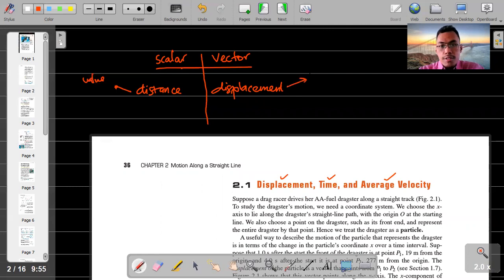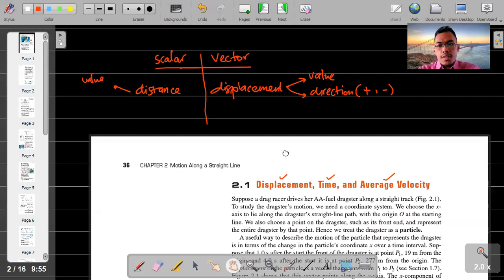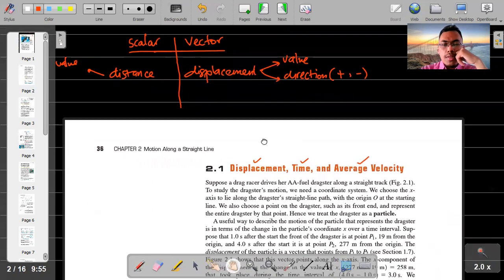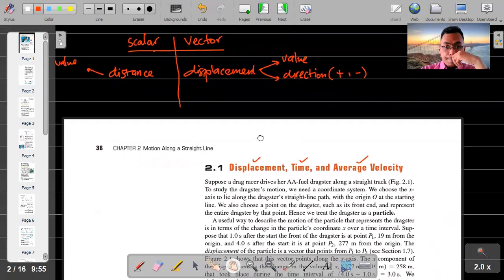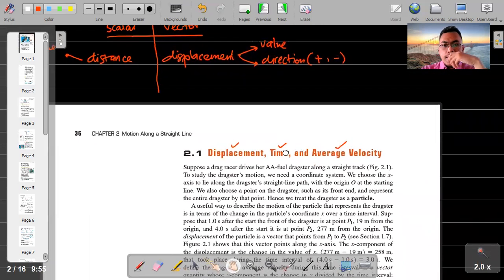So we have value here, and also direction. It can be positive or negative. That's the displacement.